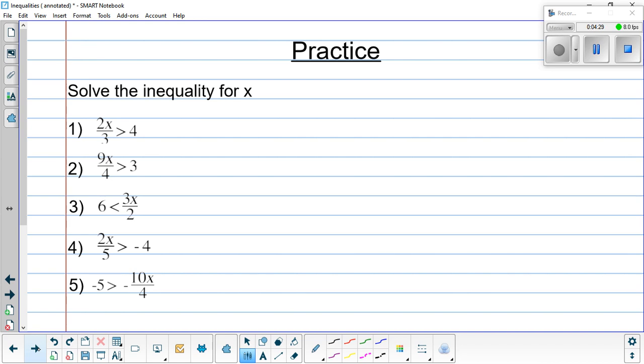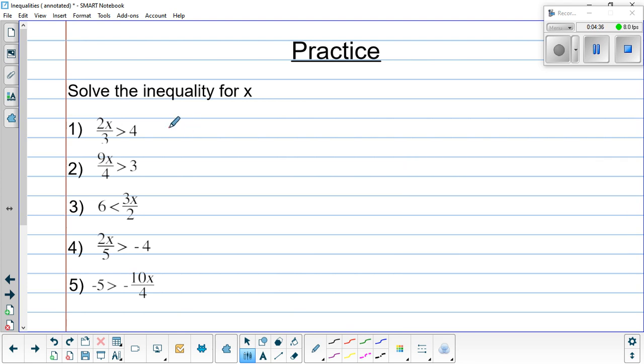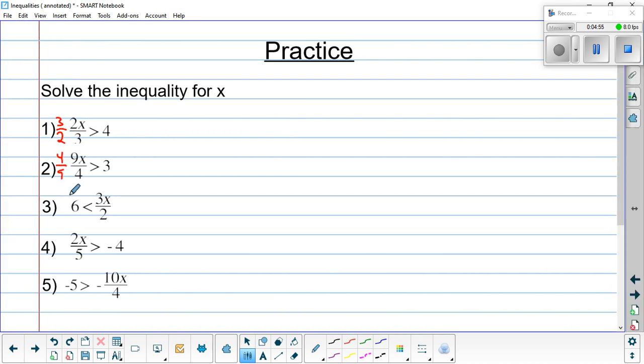Okay, right, let's start going through these. I'm going to first just find the multiplier or our reciprocal for each problem, just so I know what I'm going to end up multiplying by. So here, the reciprocal to 2/3 is 3/2. Reciprocal to 9/4 is 4/9. Reciprocal to 2/3 or 3/2 is 2/3. 2/5 becomes 5/2, right?